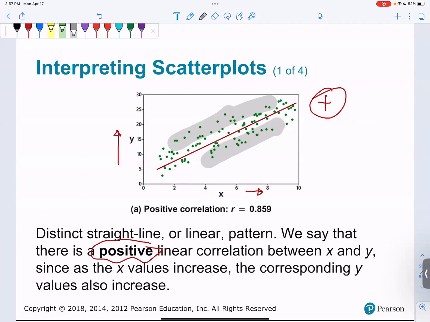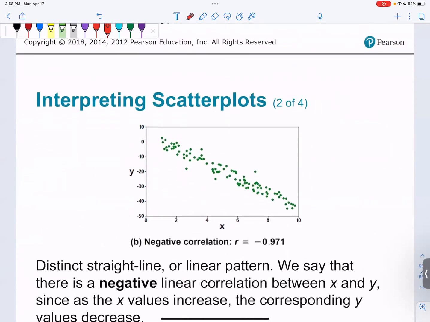As the dots get farther from the straight line, the relationship will be weaker. And here you can see R equals 0.859, which is a strong relationship.